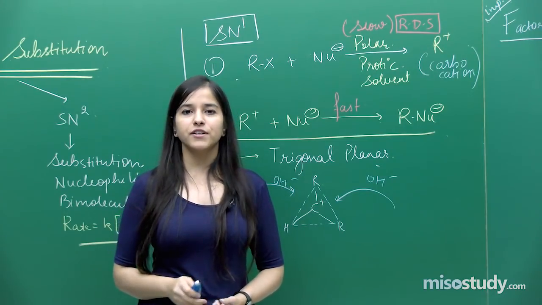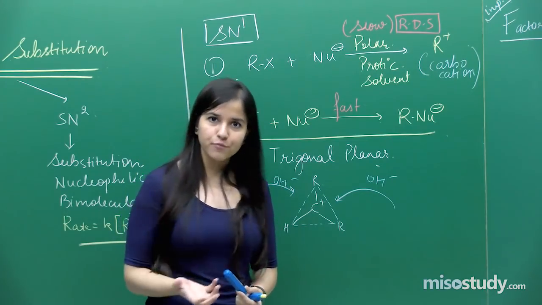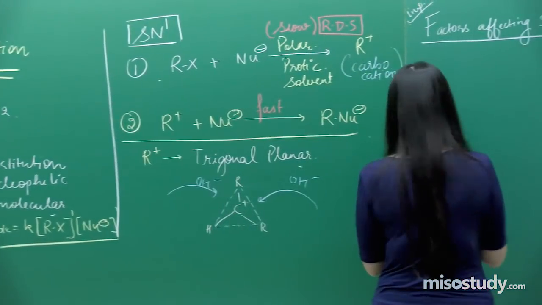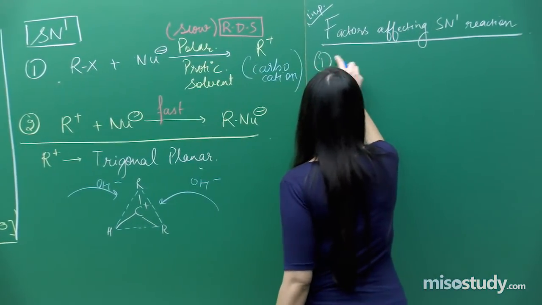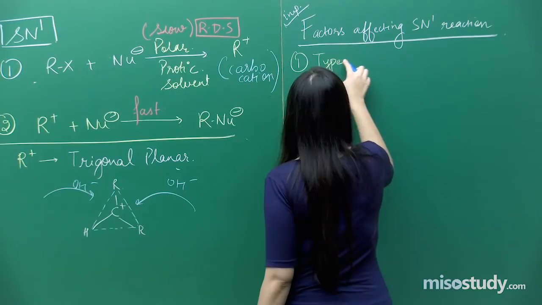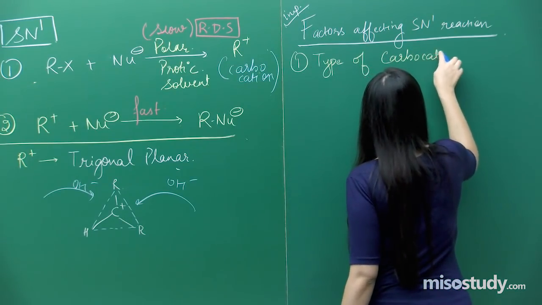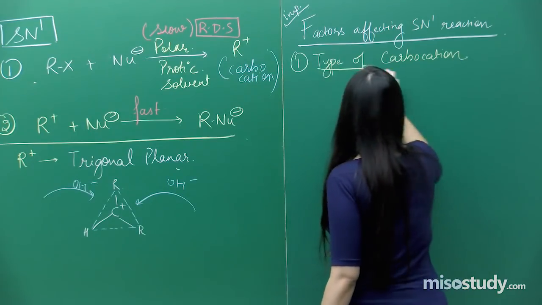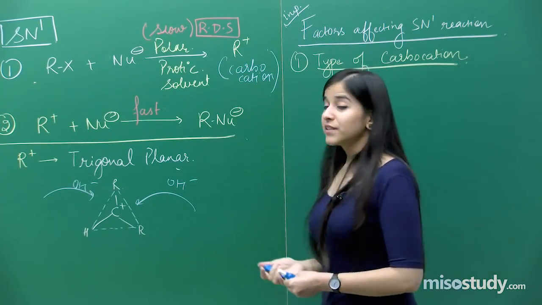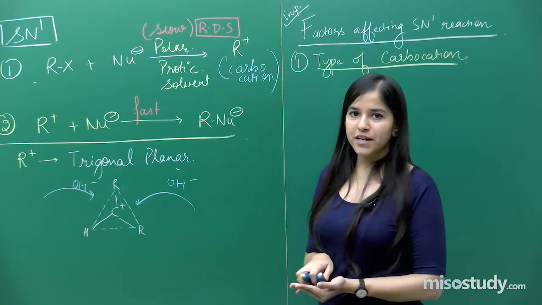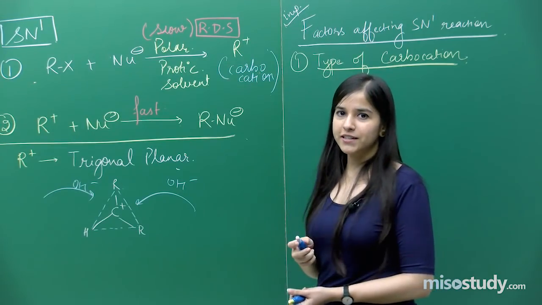So first and foremost is the type of carbocation. Let us just see. So first is the type of carbocation, right? The more stable the carbocation, which is the most stable carbocation that we can form?